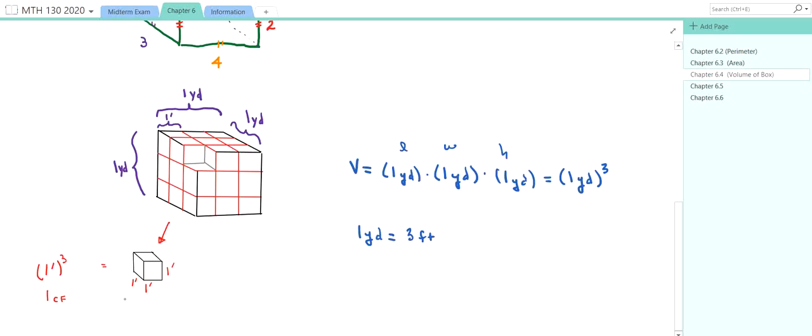And we can see that really a cubic yard is made up of, if we count all these, there's 9 here, then the next column there's 9 more, and then 9 more behind. So 1 yard cubed, 1 cubic yard, equals 27 cubic feet.